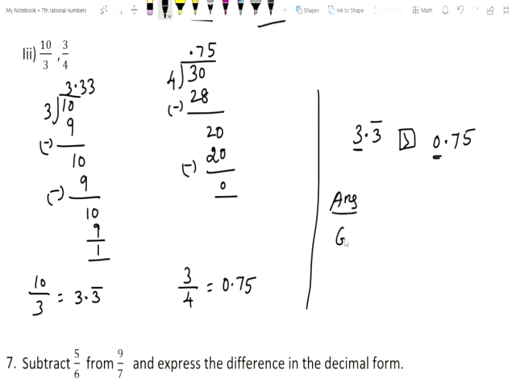The greater number is 10 by 3, because the original question is 10 by 3. 3.3 bar is equal to 10 by 3. So the greater number is 10 by 3. Do you understand, children? Okay, children.